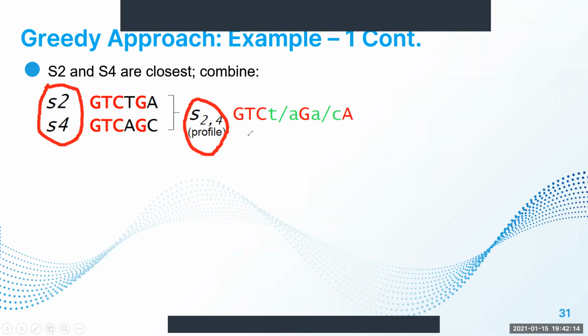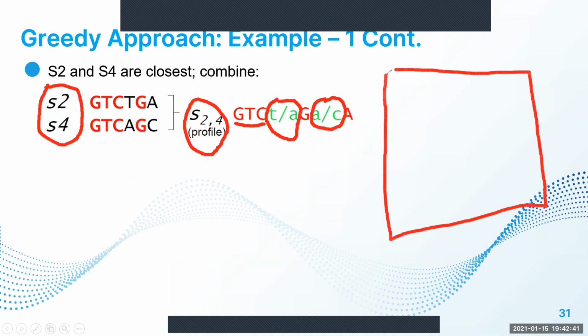In the profile, if we have several options for one column, we write them like that. This is what we call a profile. Like that, we can substitute multiple sequences with one profile.